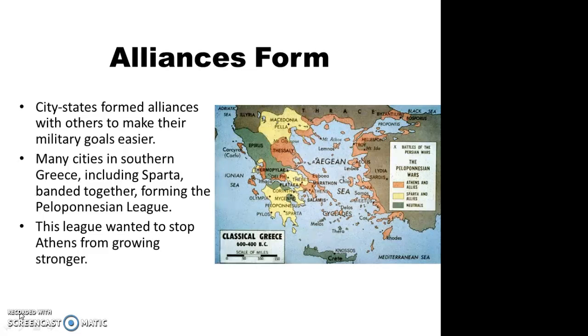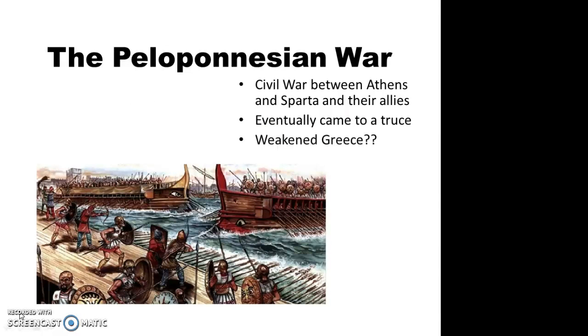Alliances began to form. City-states formed alliances with others to make their military goals easier. Southern Greece, including the area of Sparta, joined what we call the Peloponnesian League. This league wanted to stop Athens from growing stronger, which led us to the Peloponnesian War. It was a civil war between Athens and Sparta, as well as their allies.